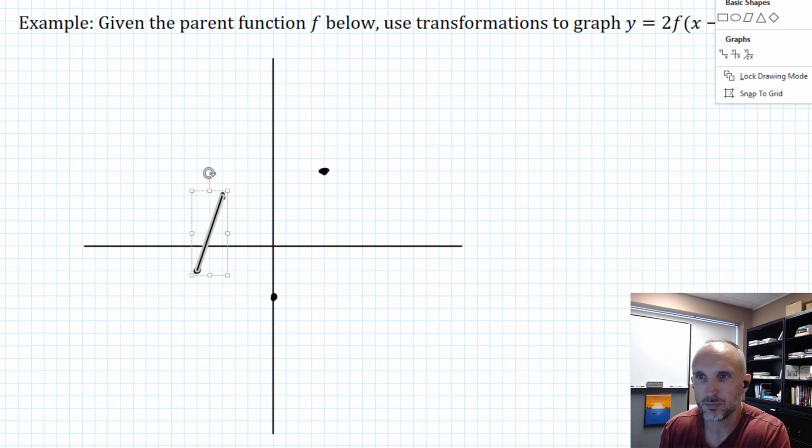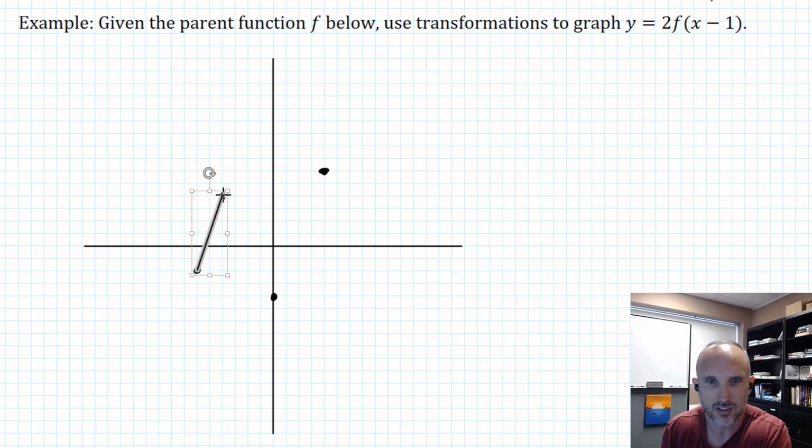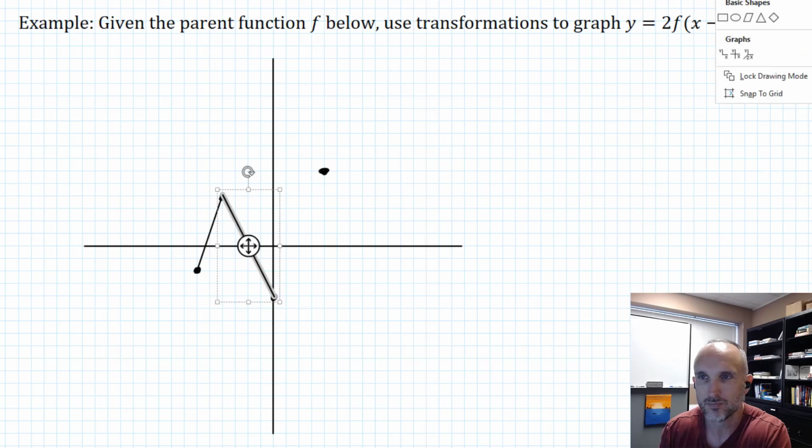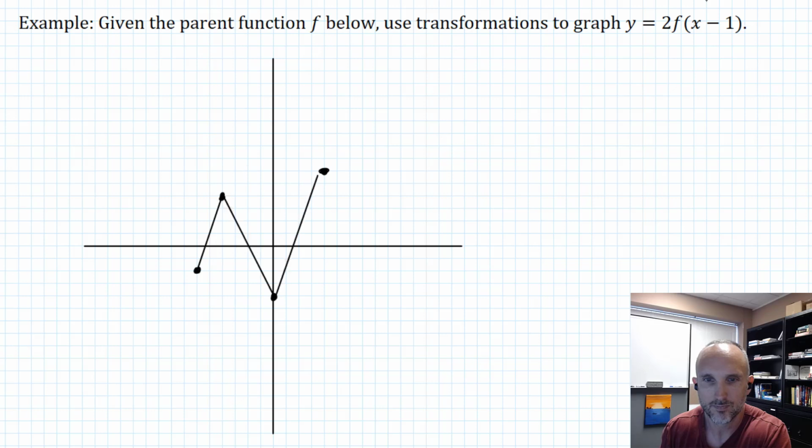So it's this piecewise looking function. So this is the f function. I'll color code it in black.